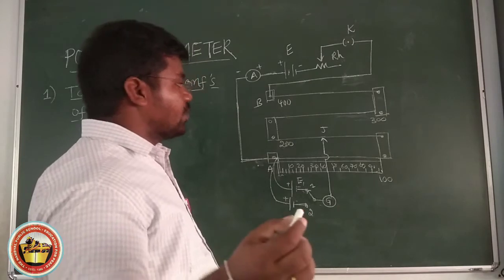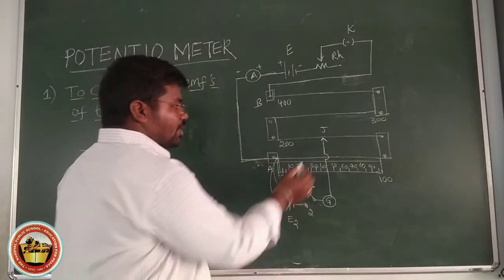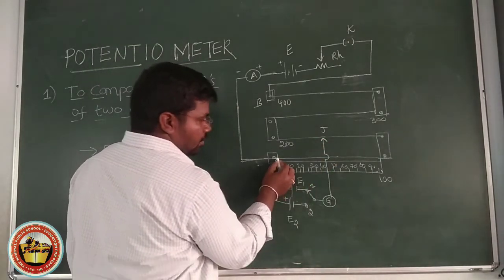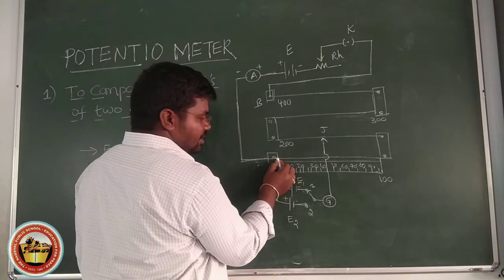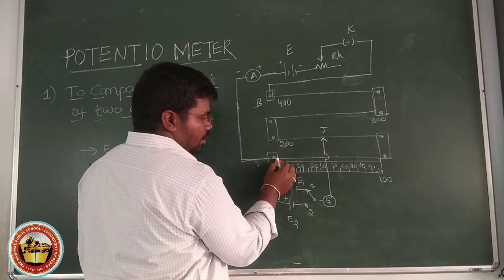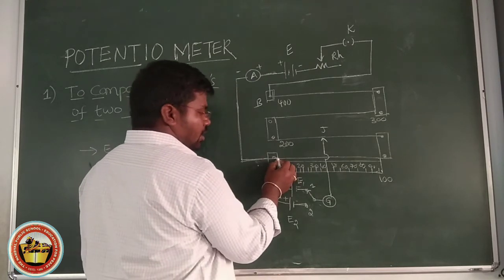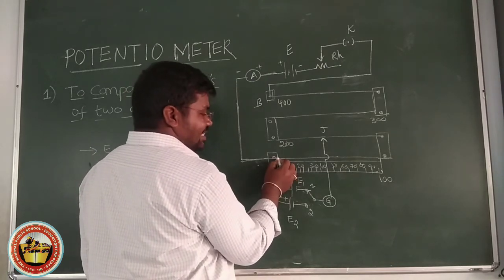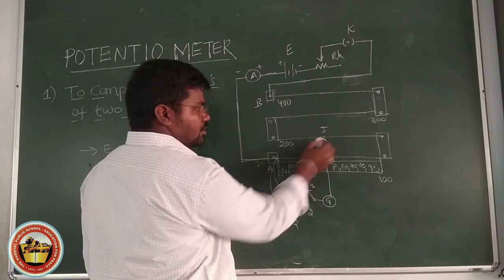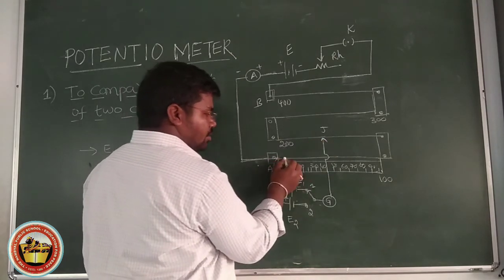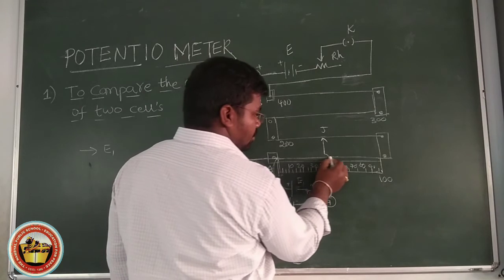We start the jockey from 0. The jockey slides over the conducting wire. Here a 1 meter wire is there. Continuously we slide the jockey on the wire like this.